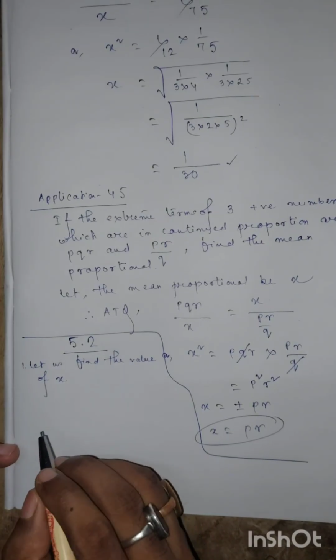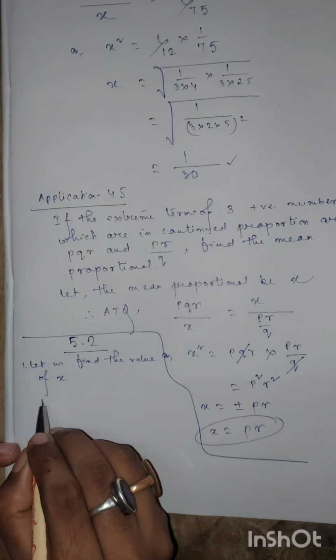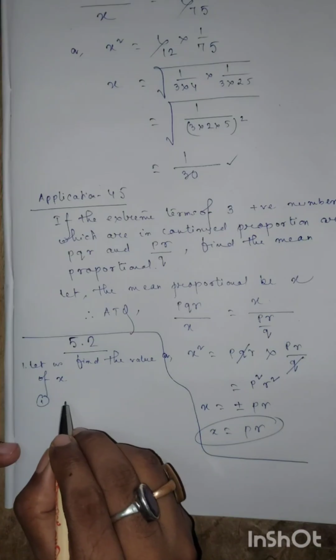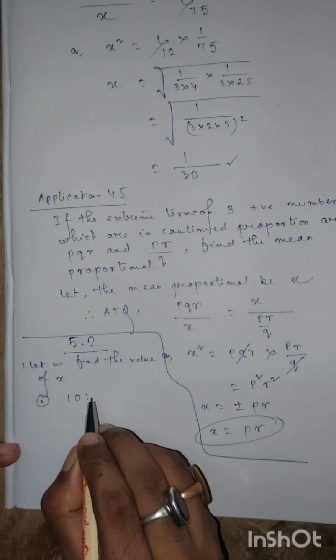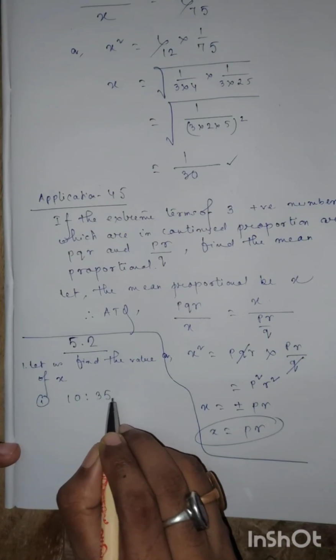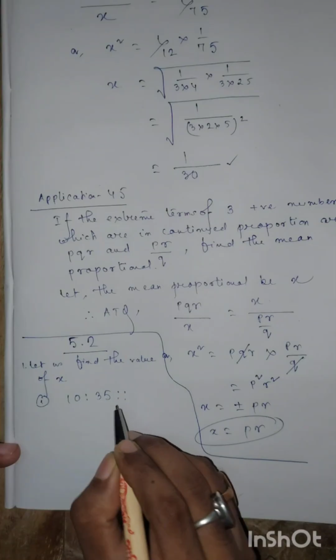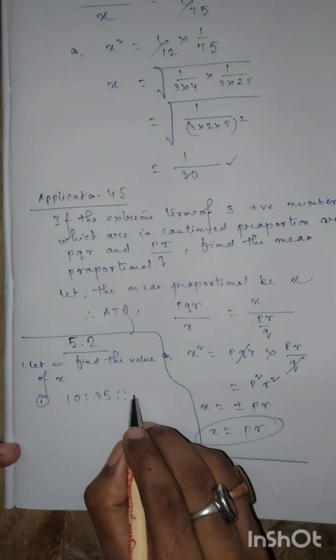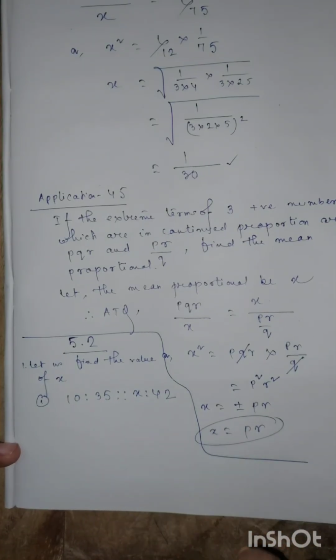So question Roman 1 says 10 is to 35 as x is to 42. So we need to find out x.